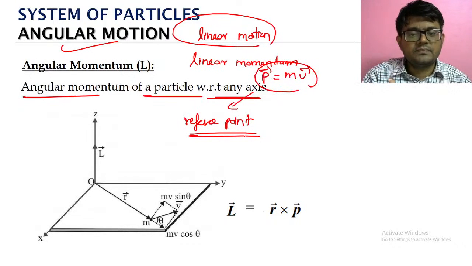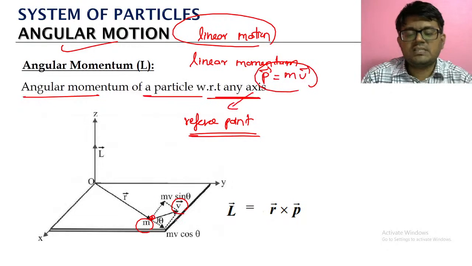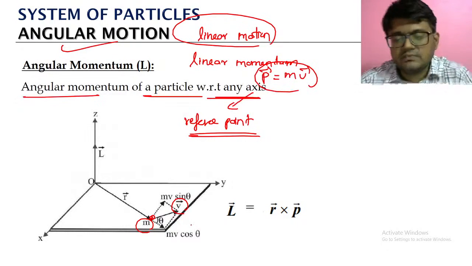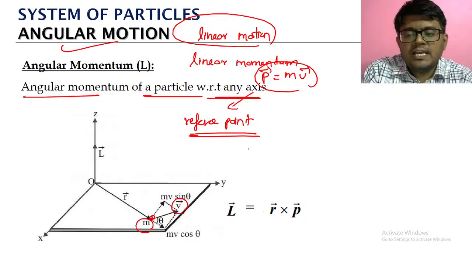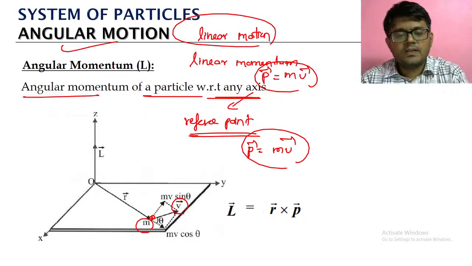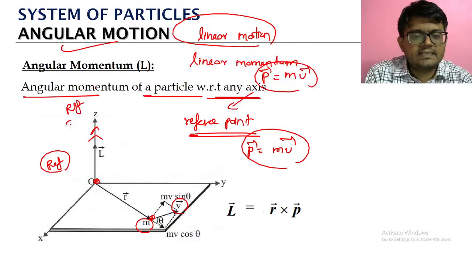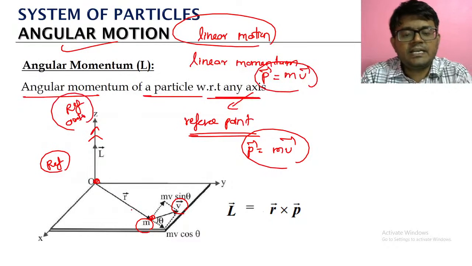angular momentum. ஏன் தெரியுமா? பிகாஸ் இங்க பாருங்க, we are having a particle, அதோட மாஸ் m, velocity v, it is going in a direction. So அந்த பார்ட்டிகளோட linear momentum நமக்கு தெரியும், what is it? Mass times velocity. So இங்க பாருங்க, this is the reference point we taken, or the z axis is the reference axis. The reference point and the origin.